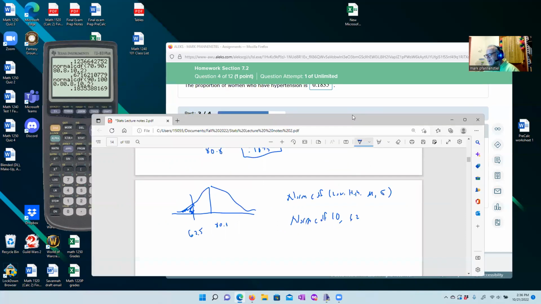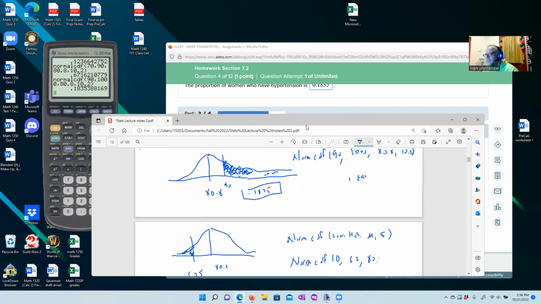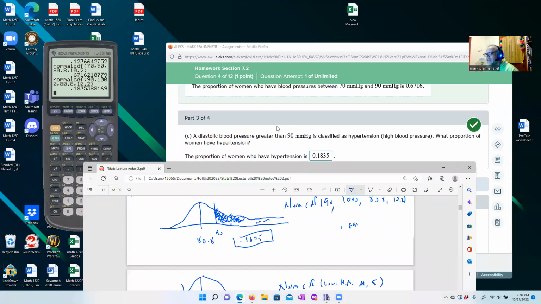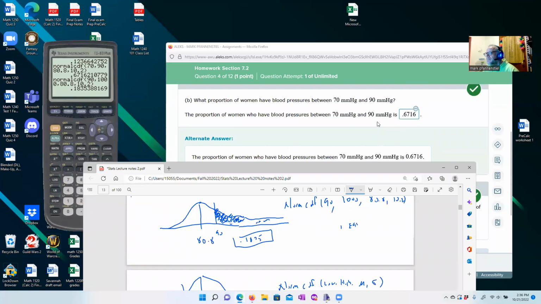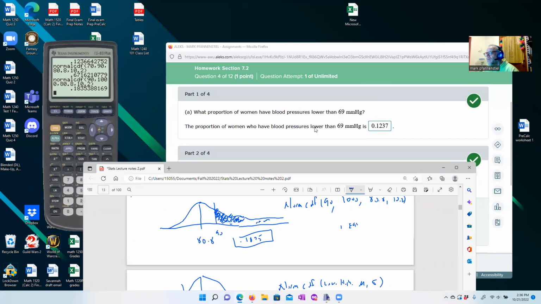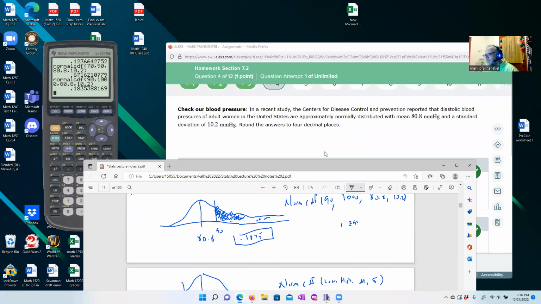And then we'll have our 80.8. Double checking, make sure I type this in correctly, because if I didn't, that's going to be a problem. Back all the way up to the beginning here, 80.8 with 10.2.